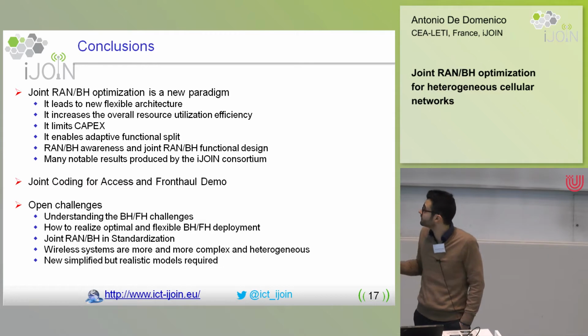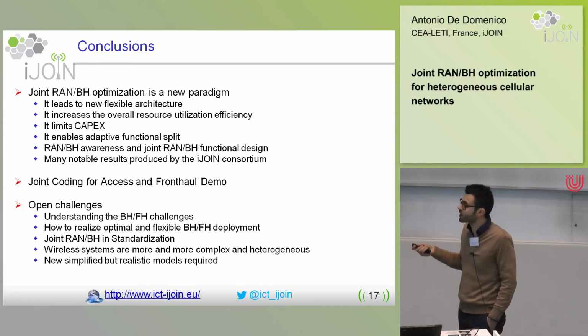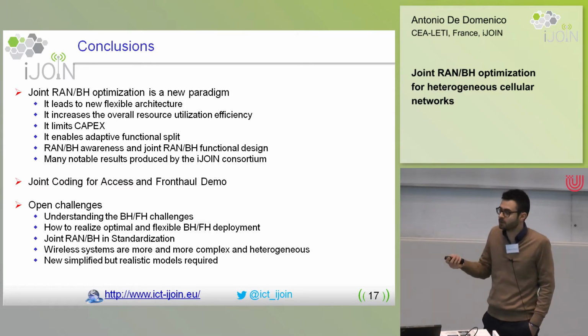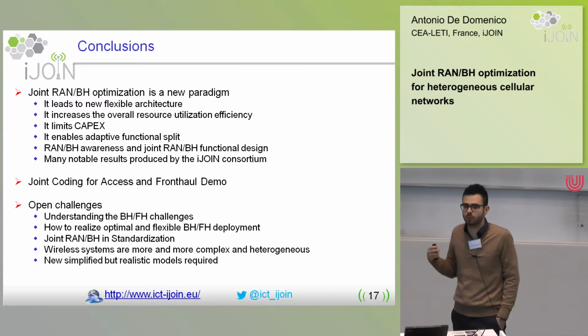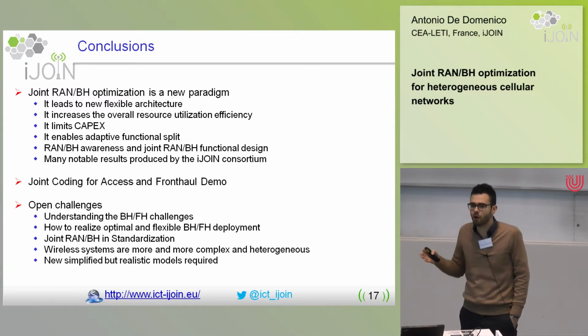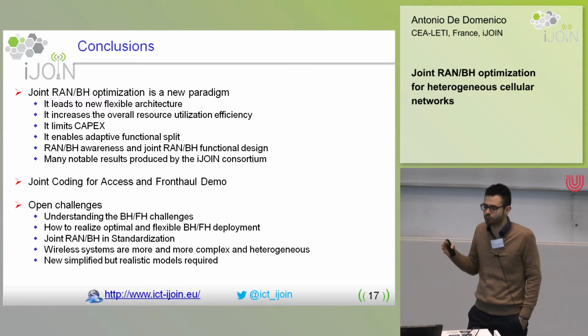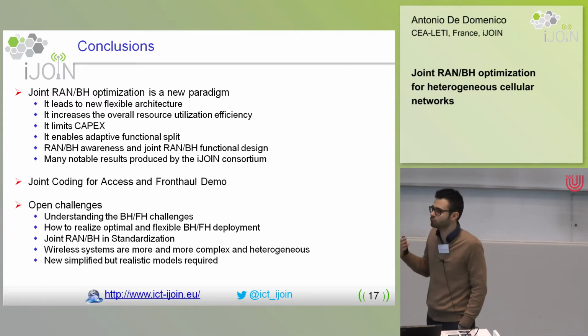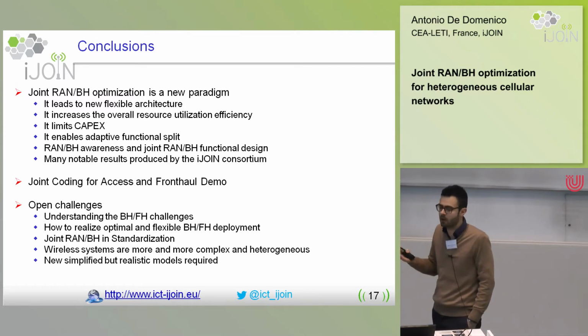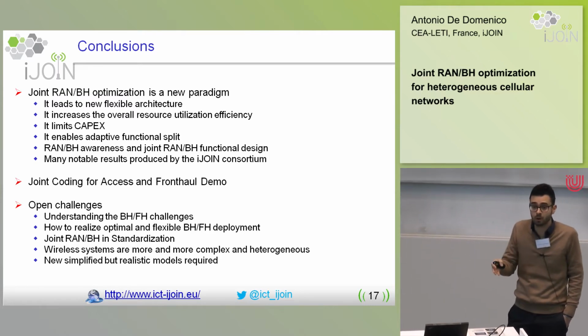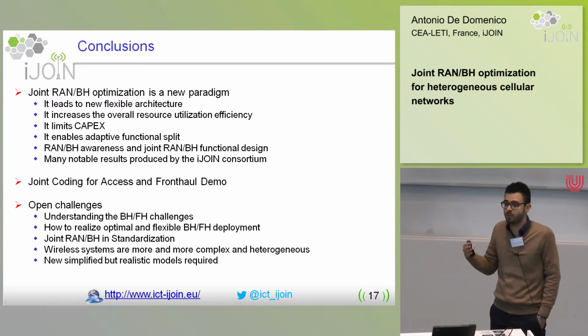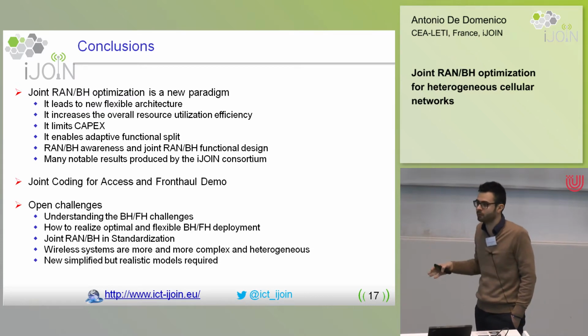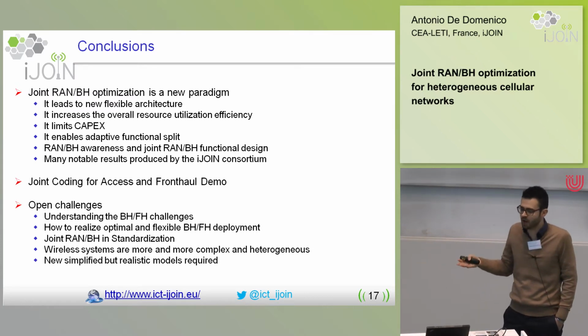Concerning open challenges, from my perspective, we still need to understand this trade-off between backhaul and fronthaul, especially how to deploy optimal millimeter wave backhaul links, while enabling flexible deployment for future requirements is a challenge.